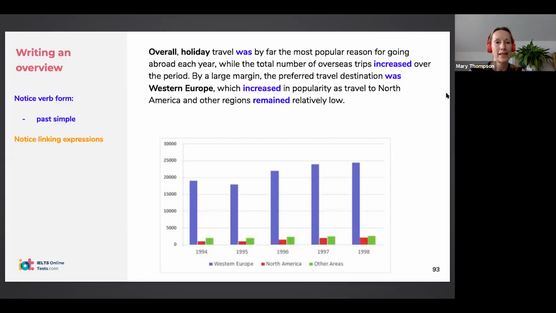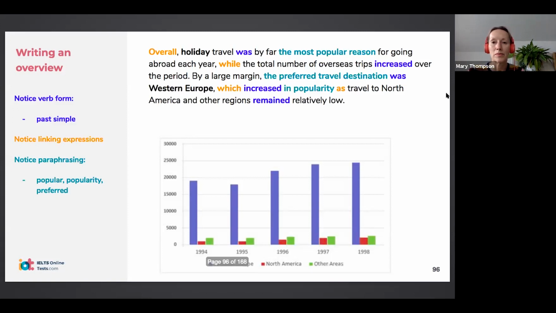And then linking expressions, what do you notice? While, that's right. Yeah, so we've got overall, while, which, and as. And then there's also a little bit of paraphrasing. So popular, preferred, popularity.